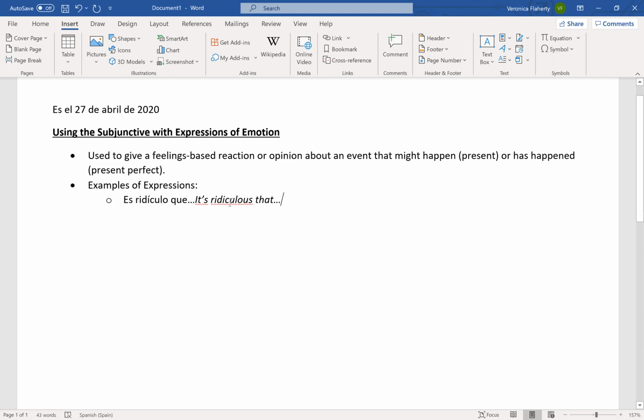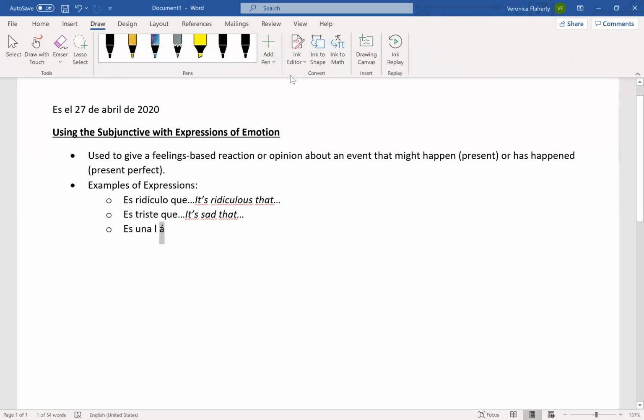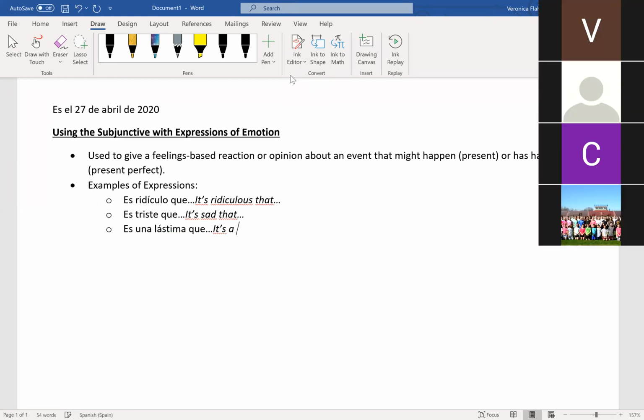I'm not sure that's how you spell ridiculous, but tough word. I don't know if you guys have ever noticed this, but the more you study one language, the worse your spelling gets in the other one because you mix them together. So, es triste que. It's sad that. Perfect. Es una lástima que. It's a shame that.